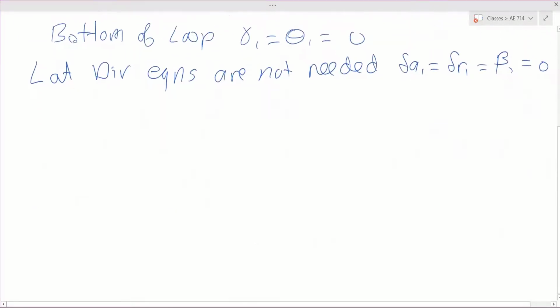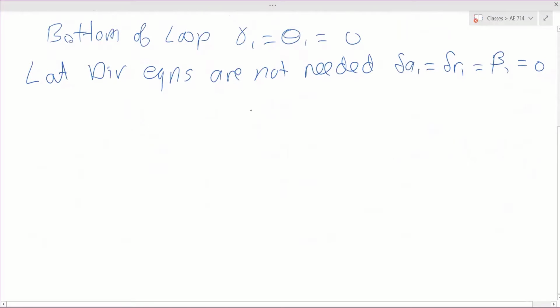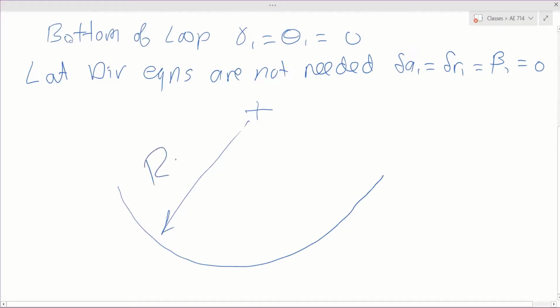So a real quick picture of what's going on is we have a center of curvature here. This is the path that the airplane is going on the loop. That's the radius of the loop. Airplane is down here.